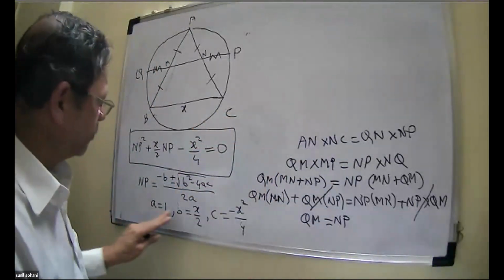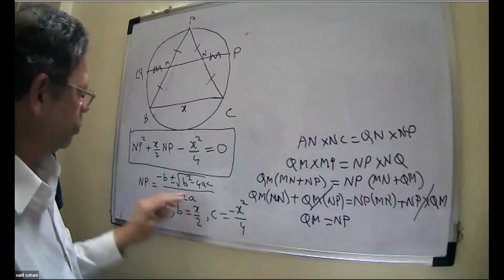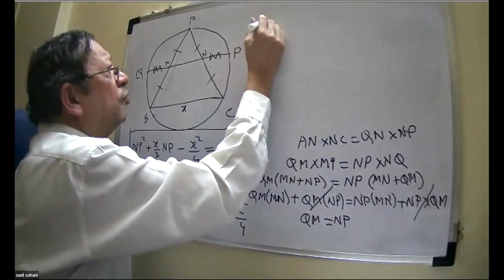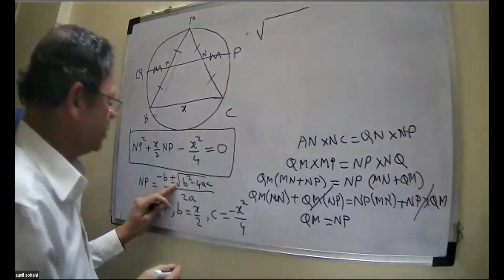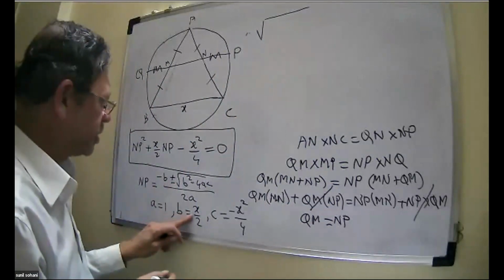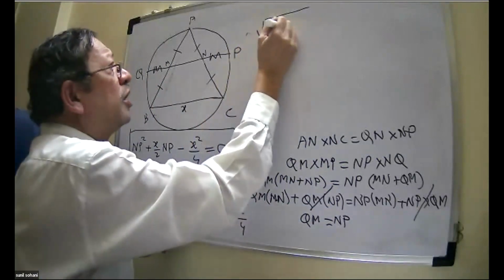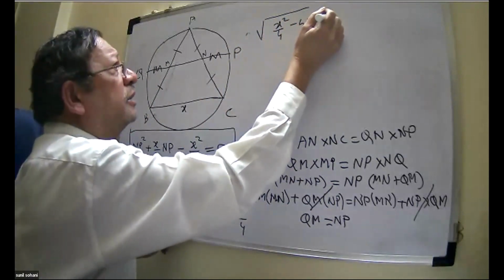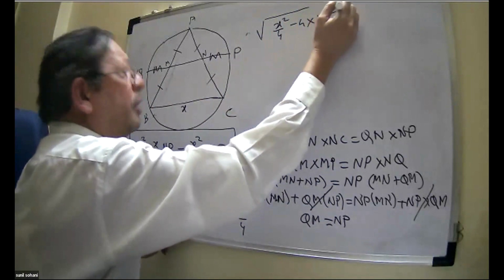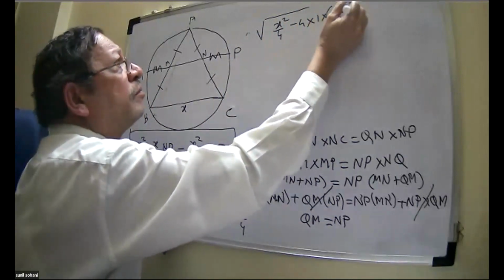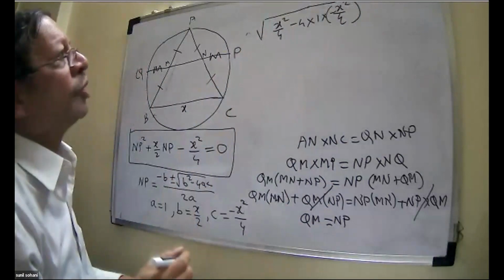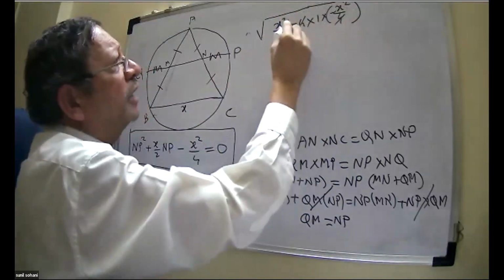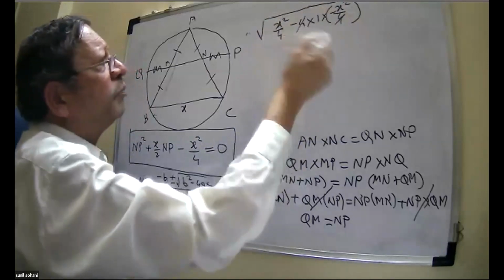So I have explained what are the values of a, b, and c. Now let's look at the square root of b square minus 4ac. First we'll find out how much b square minus 4ac is. So b is x upon 2, square will be x square upon 4, minus 4 times a is 1 and c is minus x square upon 4. So as you can see here, 4 is getting cancelled and minus are multiplying to get positive.